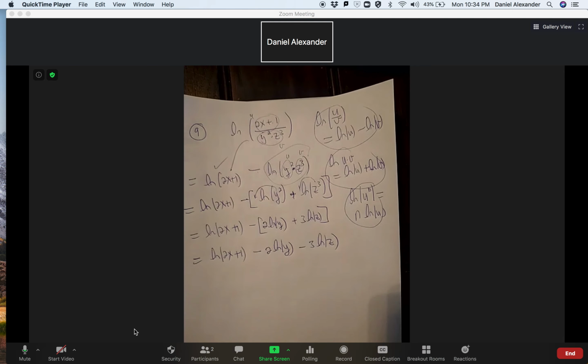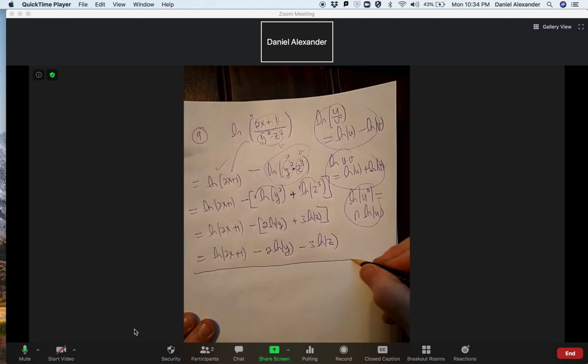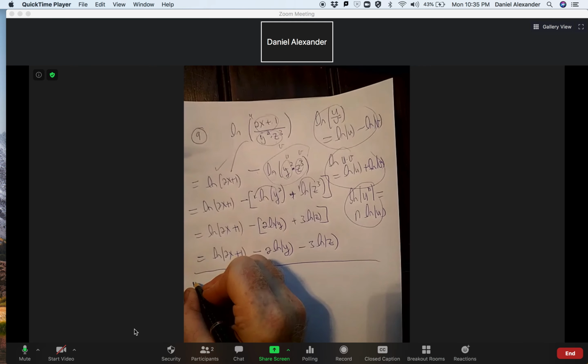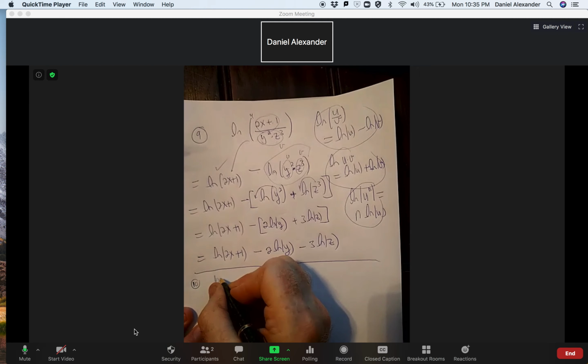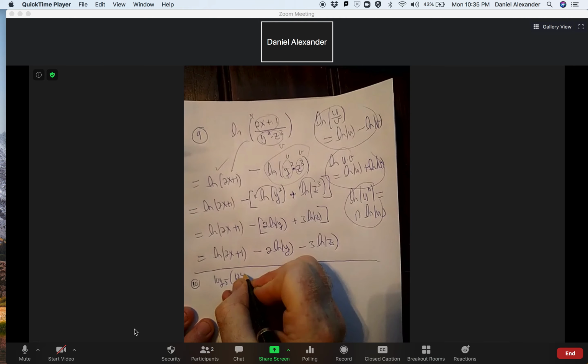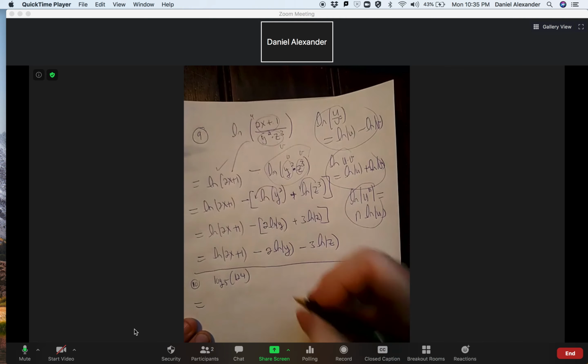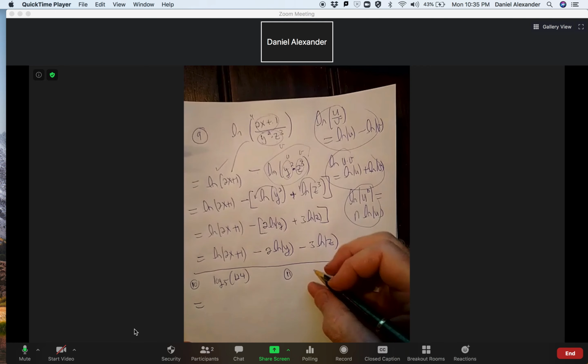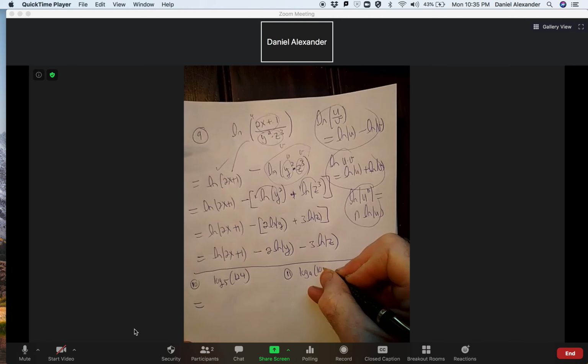Okay, so I got 2 more, and these are going to use the change of base form. So 10 is going to be the log base 5 of 124. 11 is going to be the log base 9 of 100.